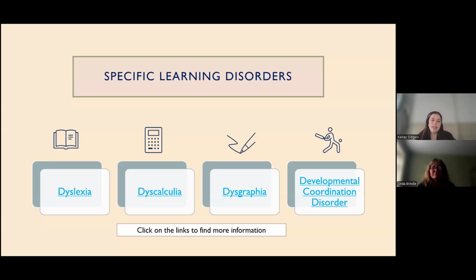So firstly, dyslexia, and this refers to a difficulty with acquiring and processing language, which you may have heard. This usually displays in children as a difficulty with reading, spelling, and writing. Often we know that people with dyslexia have difficulty linking letters they see on a page with the sounds that those letters should make, which then, of course, makes reading slow and difficult.